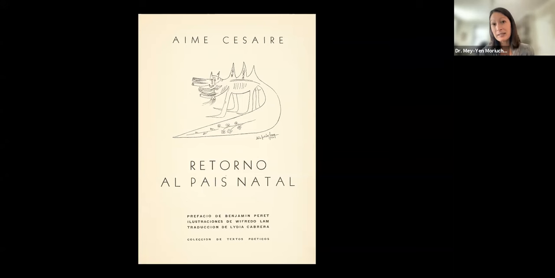He collaborates with Césaire on various occasions. Here I'm just showing you an illustration that he did for one of his publications, but that would serve as a long-term and fruitful collaboration for Lam.